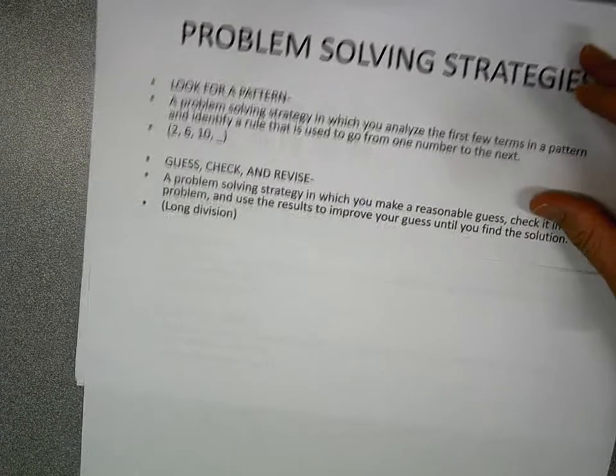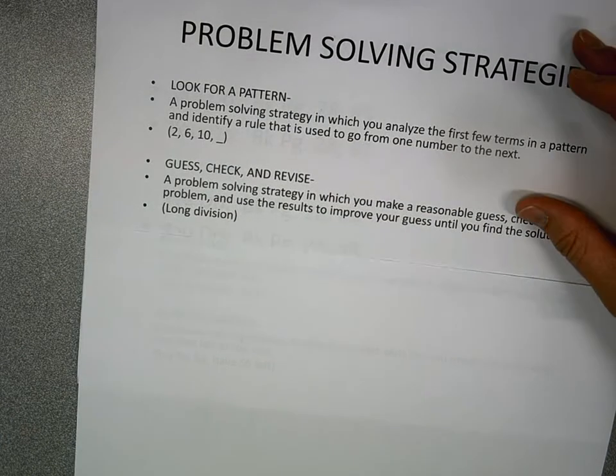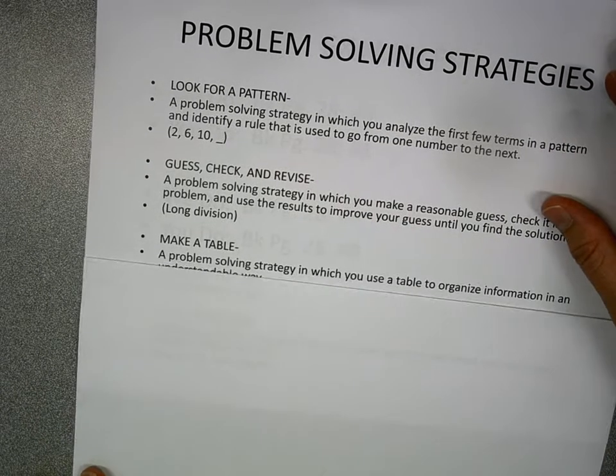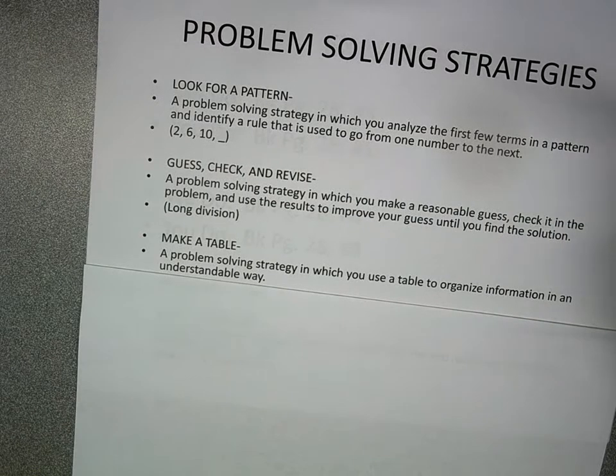The next term is, this is another strategy, make a table. Everyone? Make a table. And you have to remember, sometimes you'll use these strategies with others. You can use more than one in one particular problem. Here's what this is. It's a problem-solving strategy in which you use a table to organize your information in an understandable way.